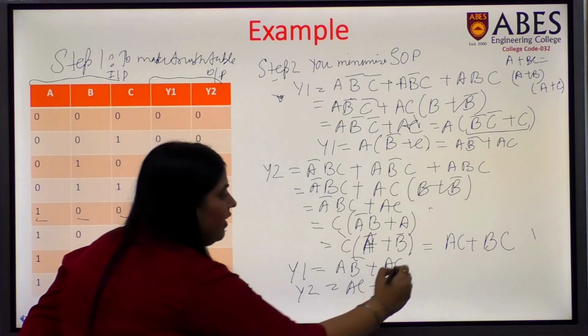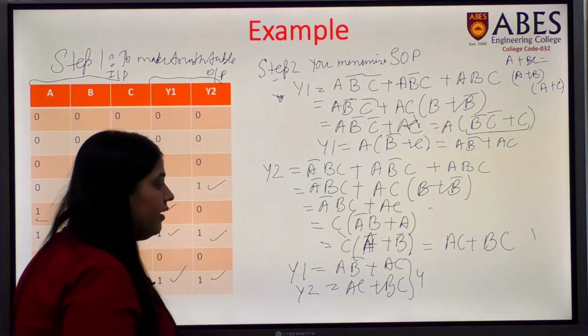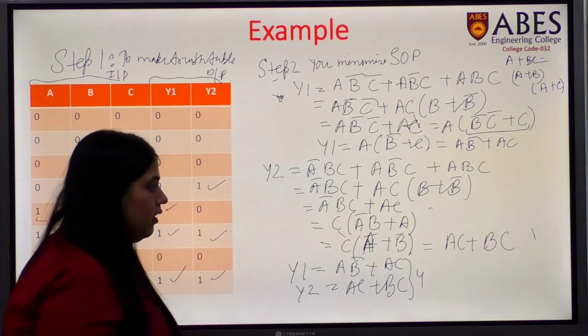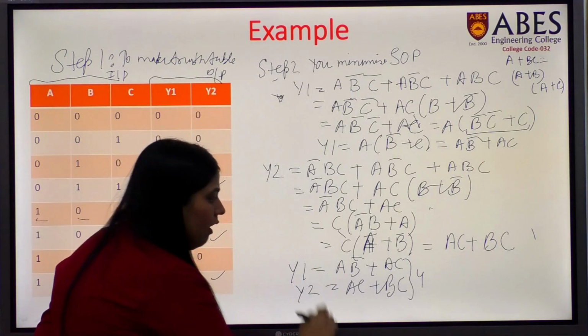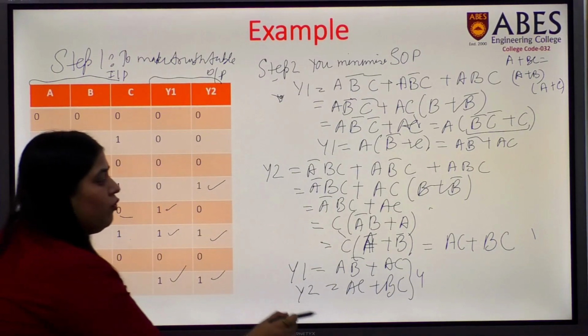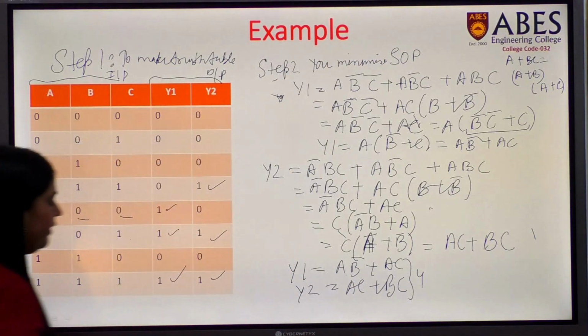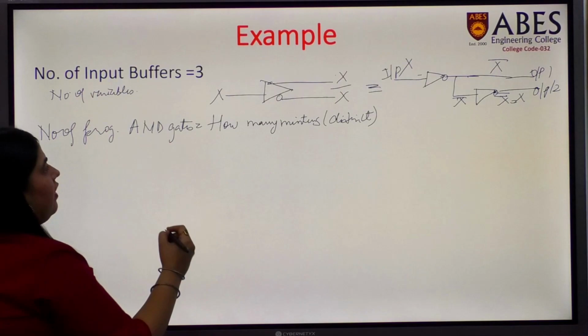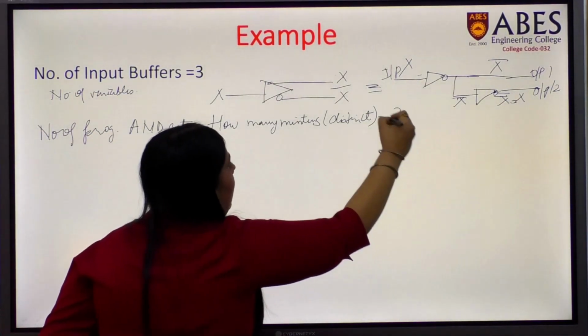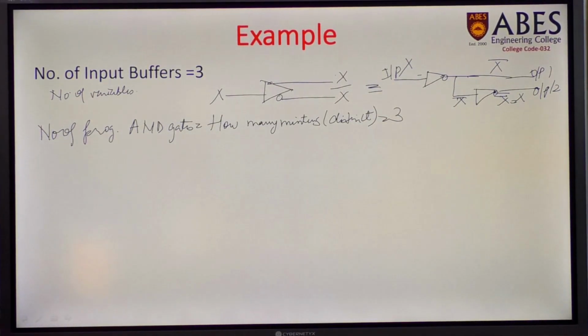So in total you are seeing 4 minterms, but in this AC is repeating. I already told you that you have to take distinct minterms. So in total we have AB bar, AC and BC. So in total we have 3 programmable AND gates.